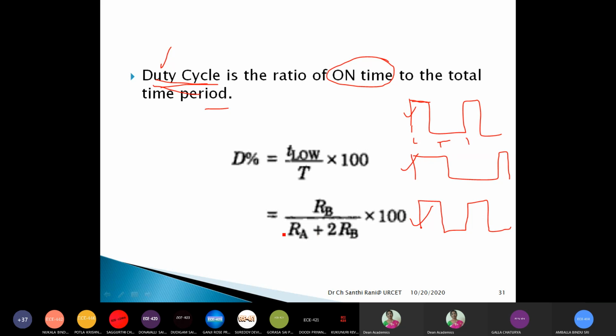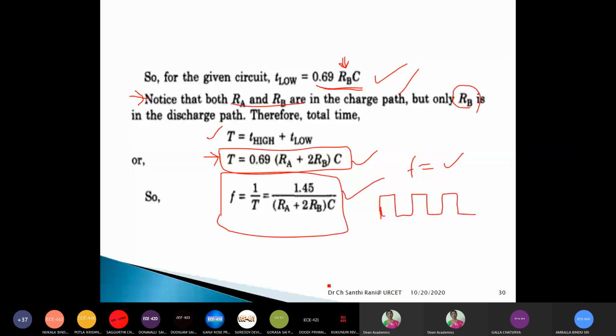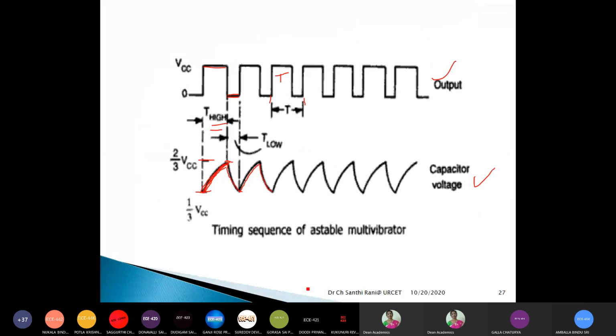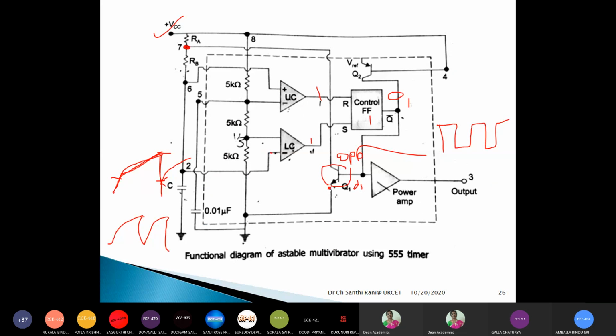Now, for our circuit, if you observe, what we take as the on period is this. That means when the transistor is in on condition, it is like a short circuit.